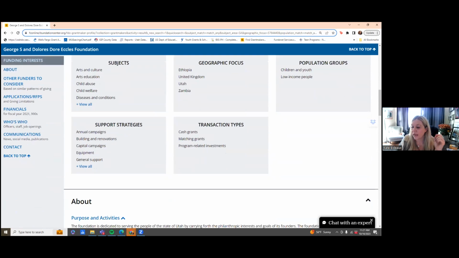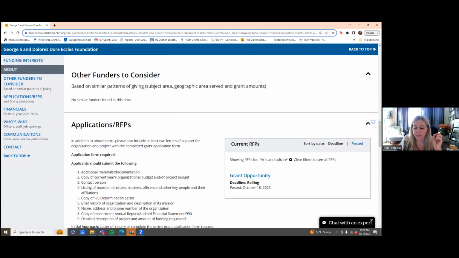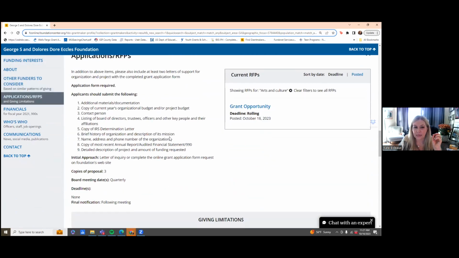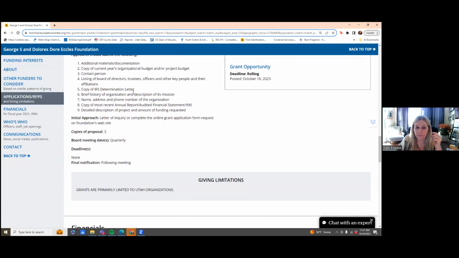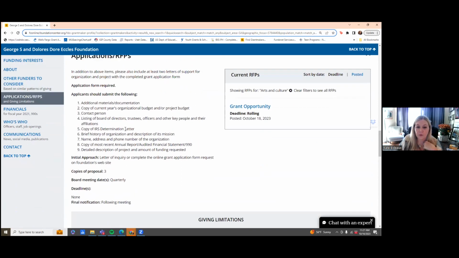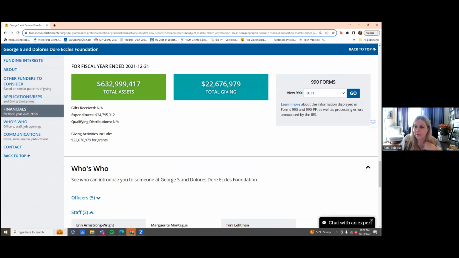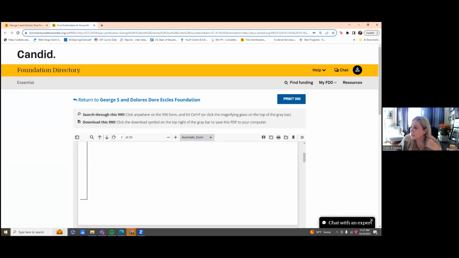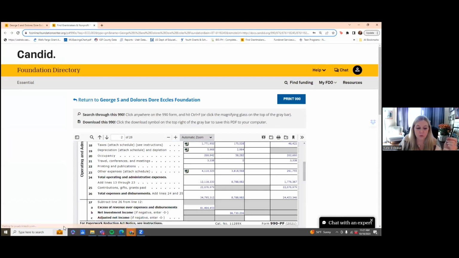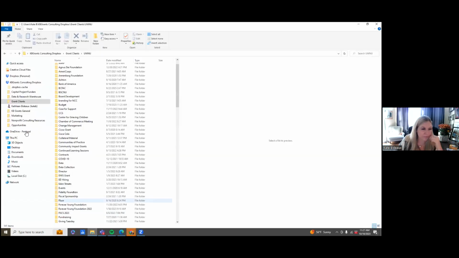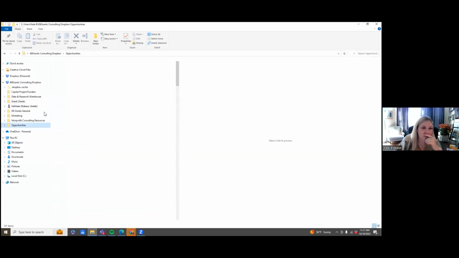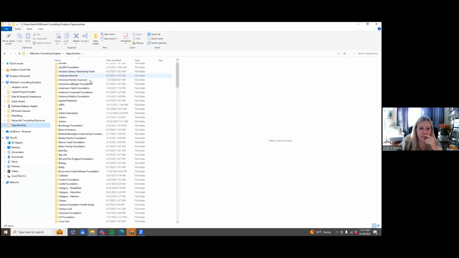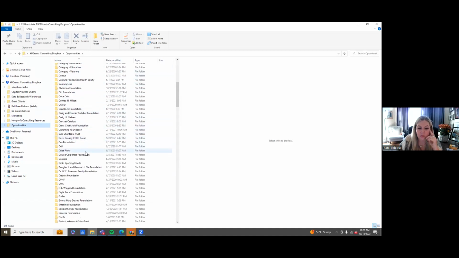The other thing I like about this is that it gives you information on how you apply. And then this is one of my most favorite things, is that it pulls up their 990. So what I do is I make a folder for each one of my grants. If you look here, this is called Grant Opportunities. And I have a folder of all of this.